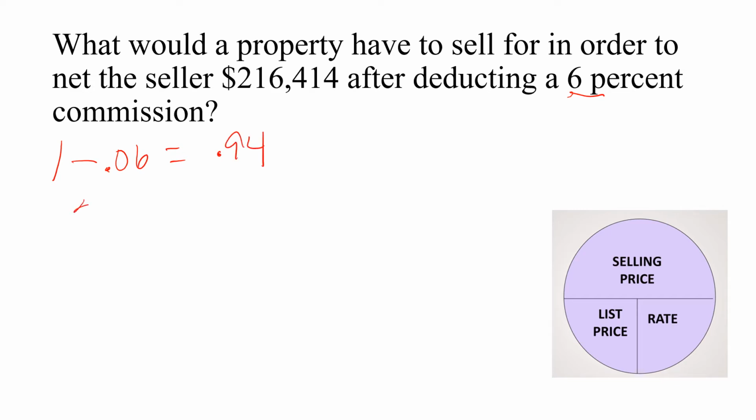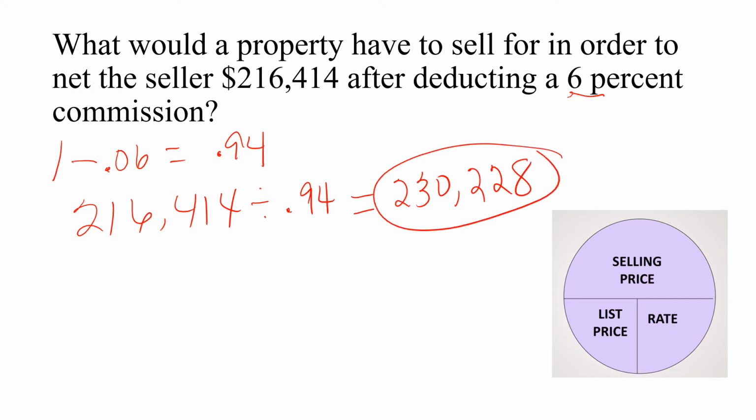So now I can take the 216,414 and divide it by 0.94. This is going to tell me how much I need to mark the property up to end at 216, and that number is going to be 230,228, and that's numbers rounded.